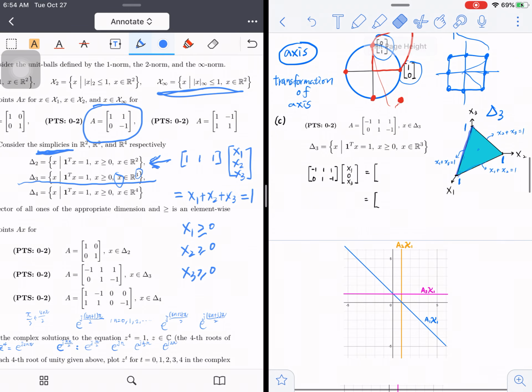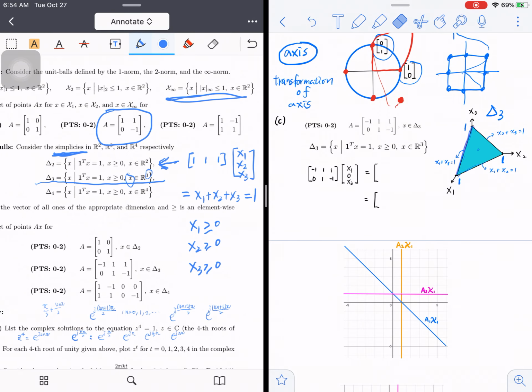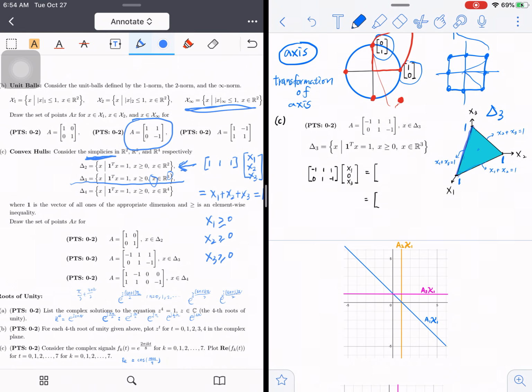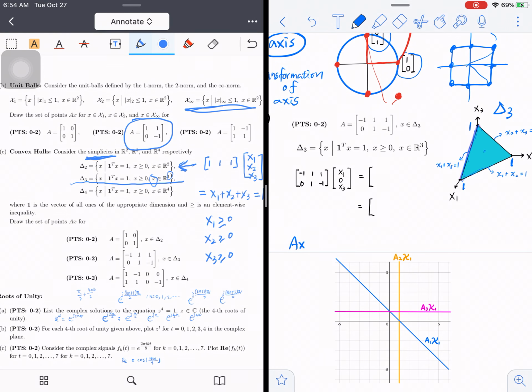So now how to plot, what you have to plot? You have to plot AX. So you have to plot AX. And this X is on this surface, on the simplex. Okay. So how to do this problem?